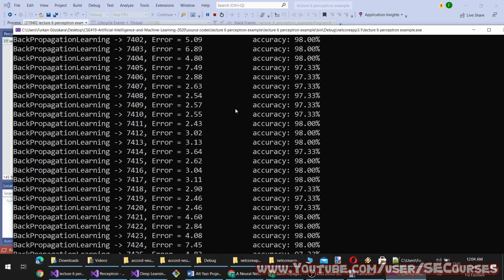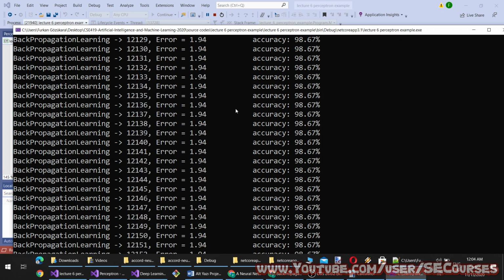Yeah. Okay, you see, now we are able to obtain 97% accuracy. You see, our error also decreased. Now we are having really good accuracy and a really low error rate. Okay, it is almost zero error. It is only 1.93, and our accuracy is 98.67.